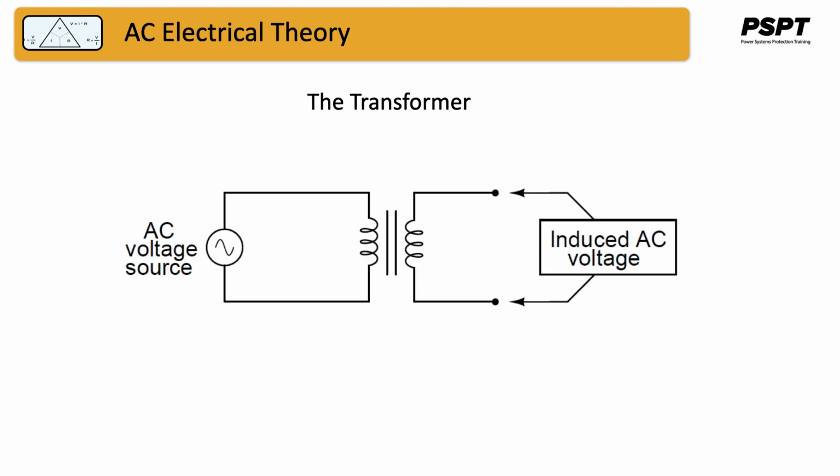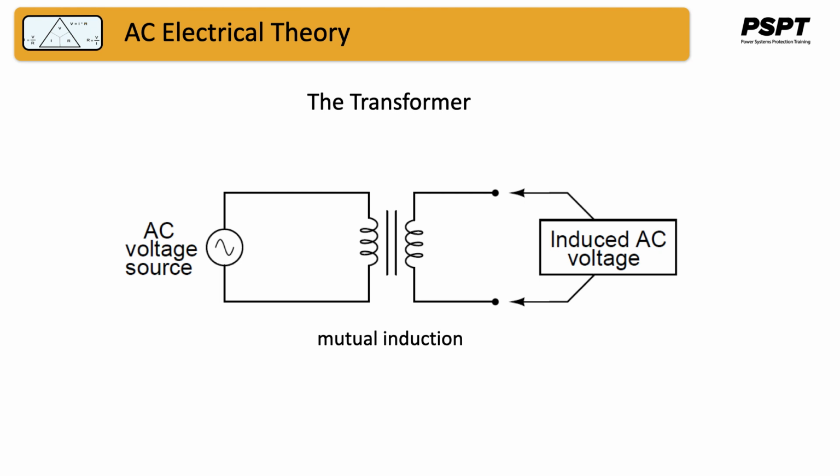There is an effect of electromagnetism known as mutual inductance, whereby two or more coils of wire are placed so that the changing magnetic field created by one induces a voltage in the other. If we have two mutually inductive coils and we energize one coil with AC, we will create AC voltage in the other coil.